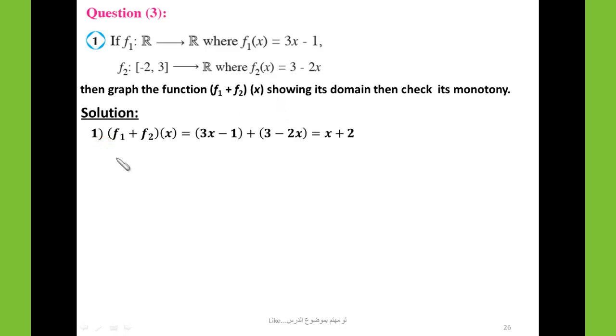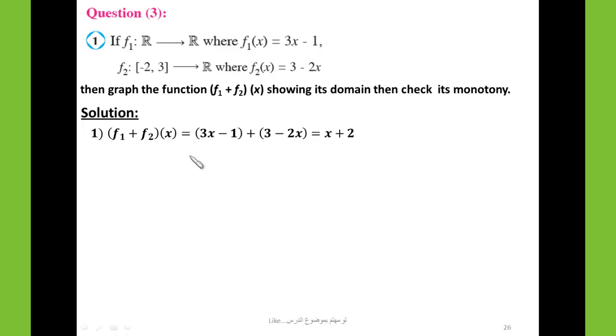Solution. First, we write f1 plus f2 of x equals 3x minus 1 plus 3 minus 2x. 3x minus 2x equals x, negative 1 plus 3 equals 2.